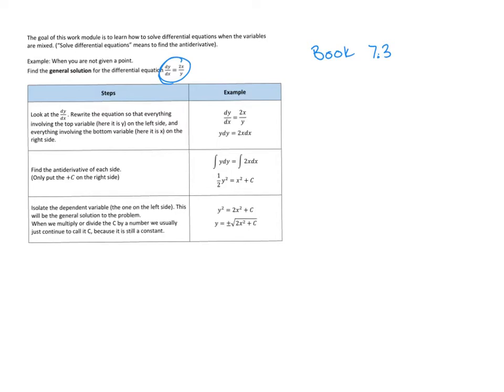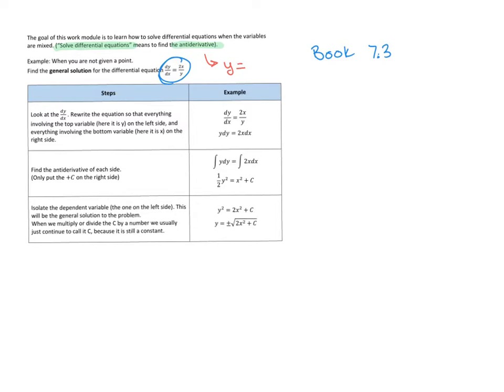So the first thing that I just want to mention is some of the language here. When you get a direction, it might say solve the differential equation, or find the solution to the differential equation, or find the particular solution. What all those directions mean is to find the antiderivative. And when we say antiderivative, the ultimate goal is to get it in the form y equals.